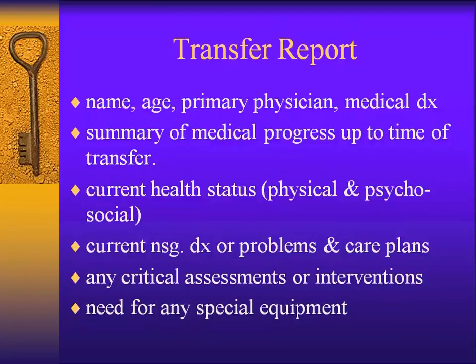With a transfer report, if you're transferring to another floor, another facility, you will need to give name, age, primary physician, medical diagnosis, and also a summary of the medical progress up to the time of transfer. Also need to note the current health status, current nursing diagnoses or problems, and any critical assessments or interventions that have been performed. And also they'll need to know about any special equipment.